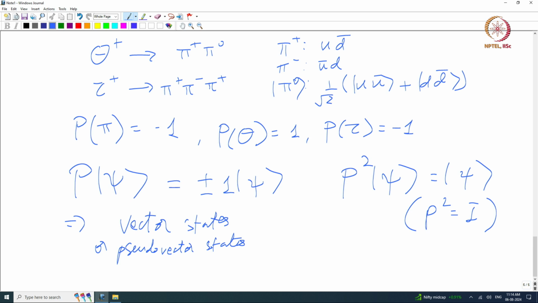It should not flip sign, exactly. What is a pseudoscalar then? It should flip sign, exactly. Very good. So that brings us to scalar and pseudoscalar states.